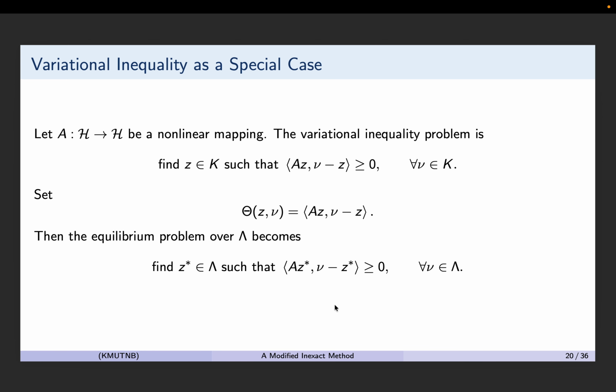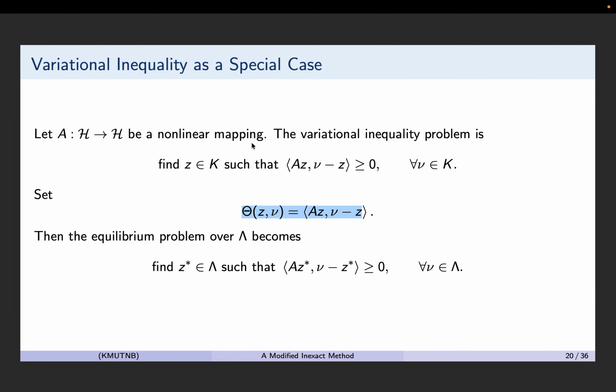And as an application, a particular case where our considered problem can be treated as a variational inequality problem is when we define the bifunction theta to be the inner product of A z with v minus z, where A is some nonlinear mapping.